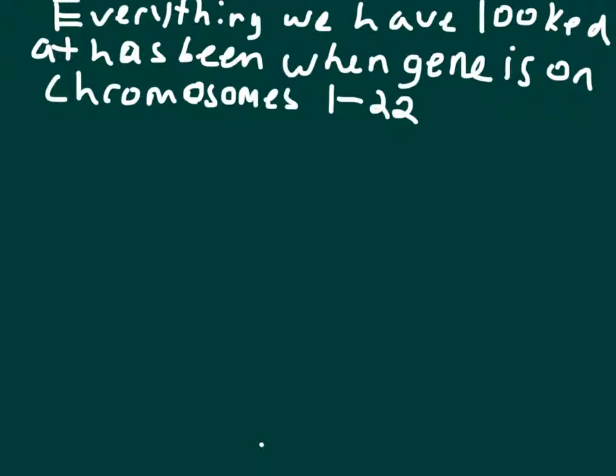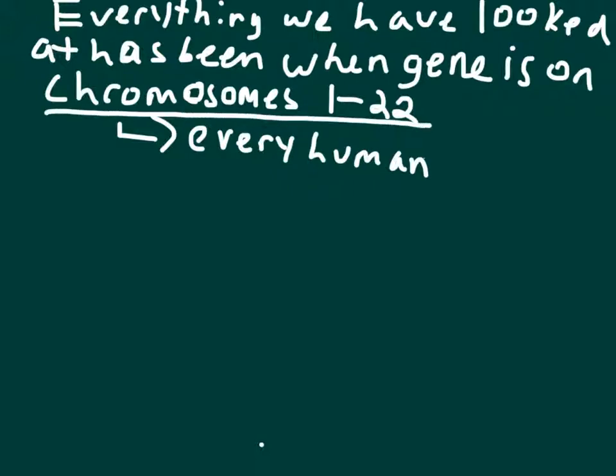Capital because one's dominant, lowercase because the other's recessive, but 2 copies because they occur on chromosomes 1 through 22, the autosomes, the ones that don't have anything to do with gender.